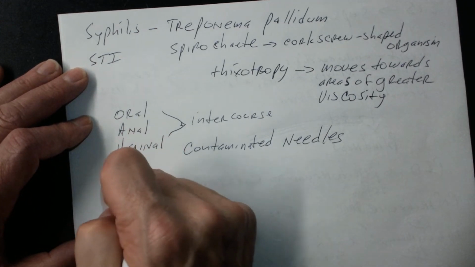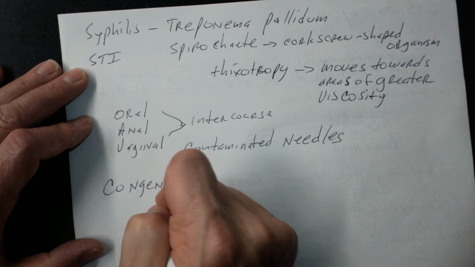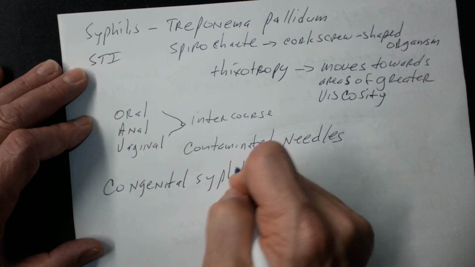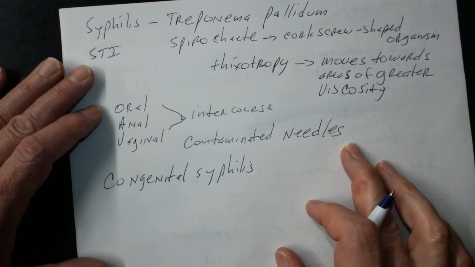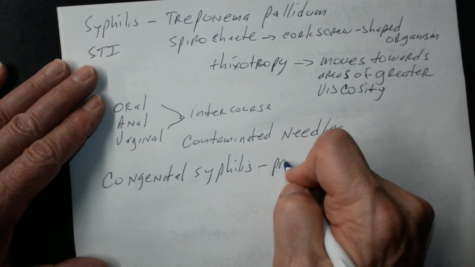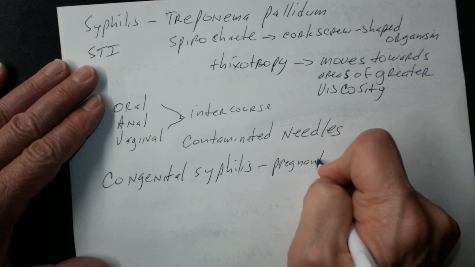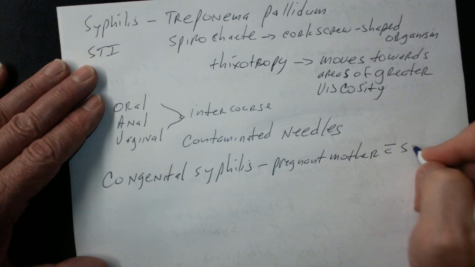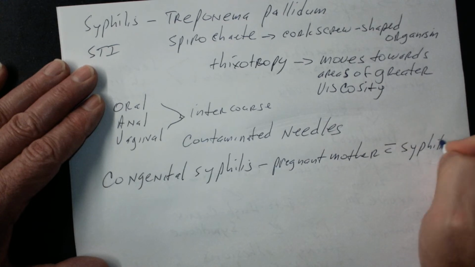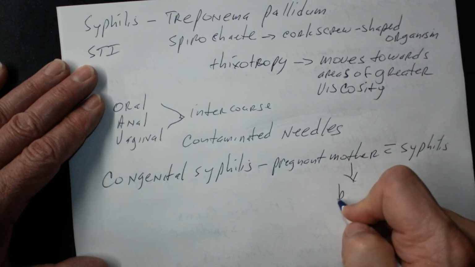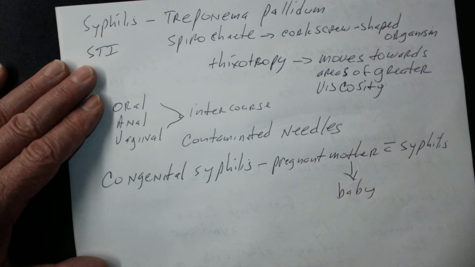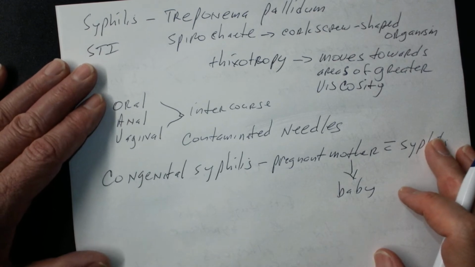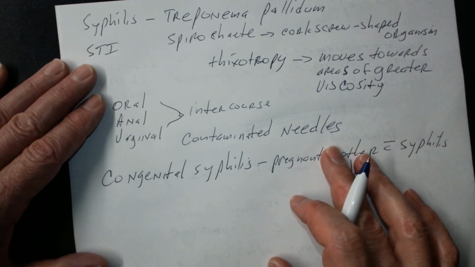Then there's congenital syphilis, and in this case, a pregnant mother with syphilis passes it to her baby across the placenta.